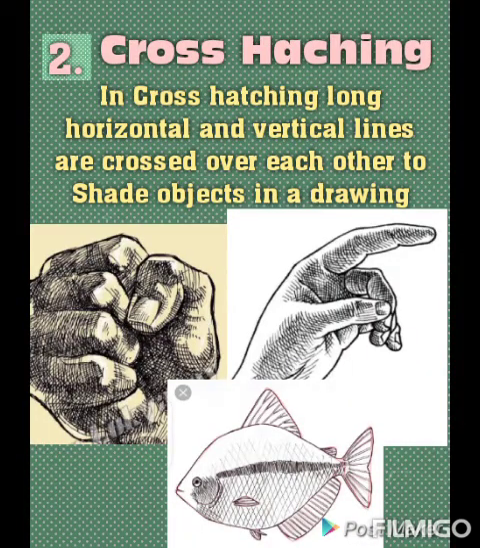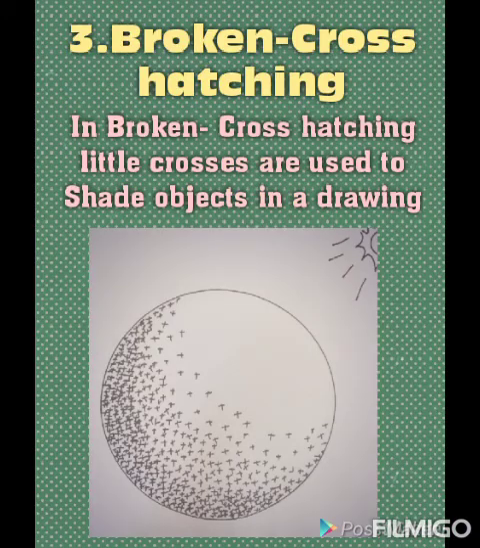Cross-hatching: long horizontal and vertical lines are crossed over each other to shade objects in a drawing. Broken cross-hatching: little crosses are used to shade objects in a drawing. Tiny little crosses are used to shade objects.